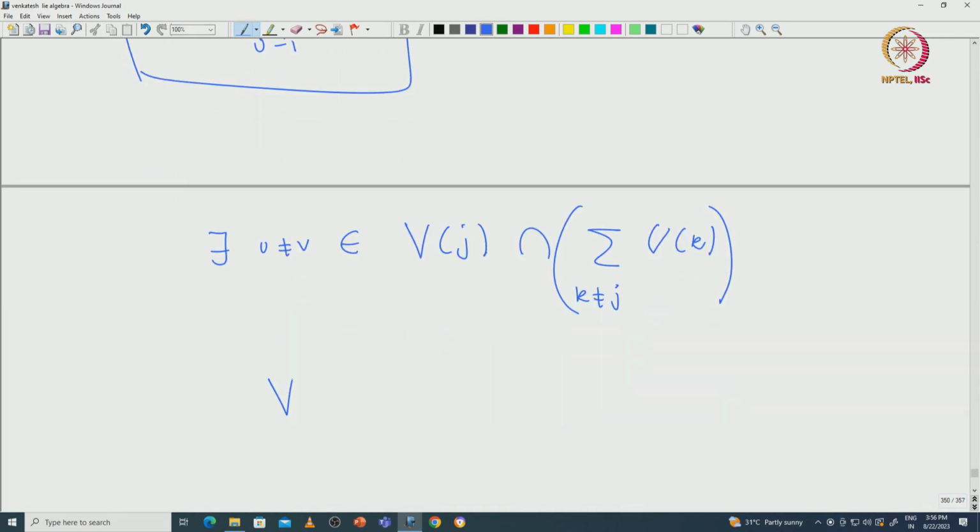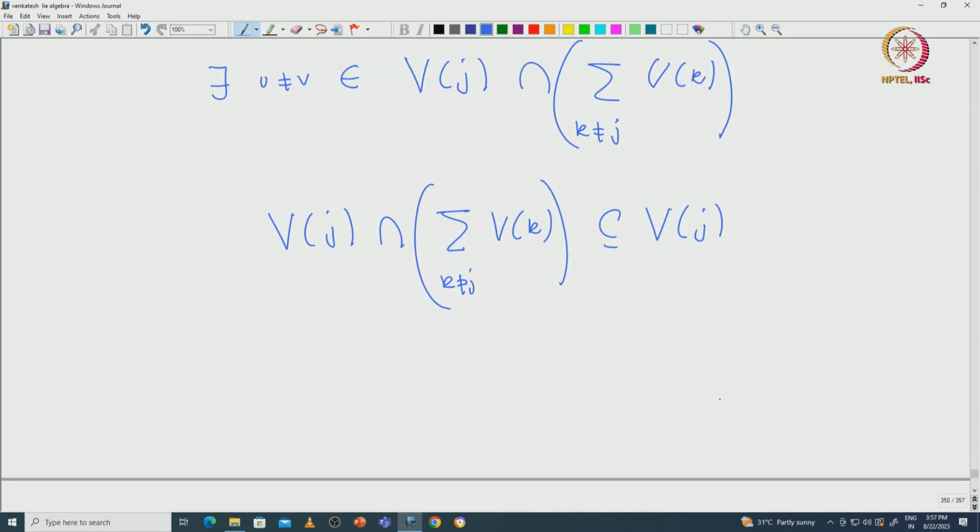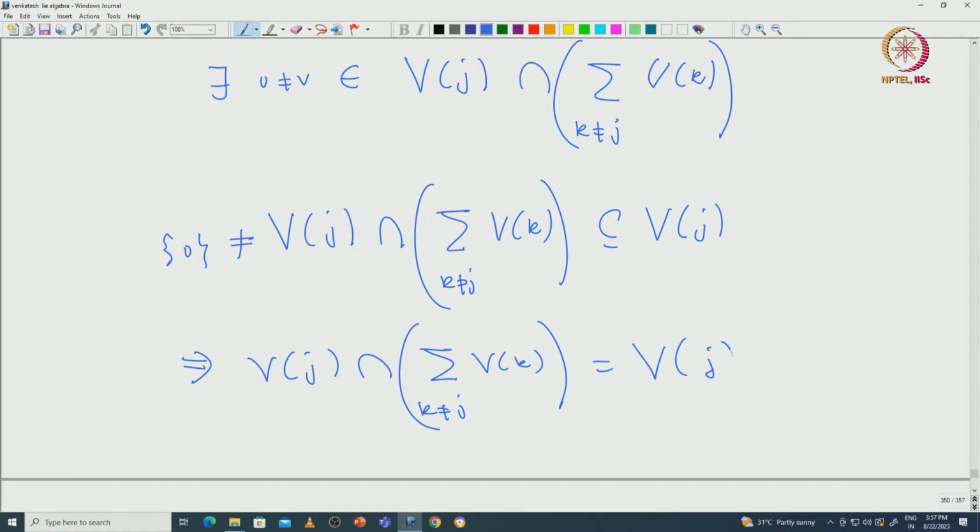But this is actually a submodule inside V j. V j being irreducible, and because there is a non-zero vector inside this, this being a non-zero submodule forces this V of j intersection summation V of k, k not equal to j, to be exactly equal to V j.